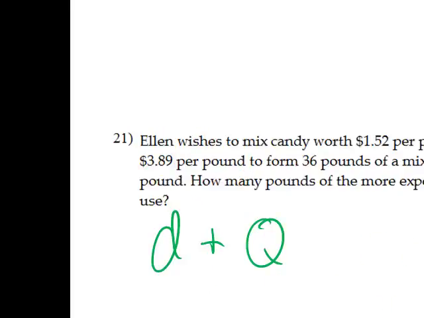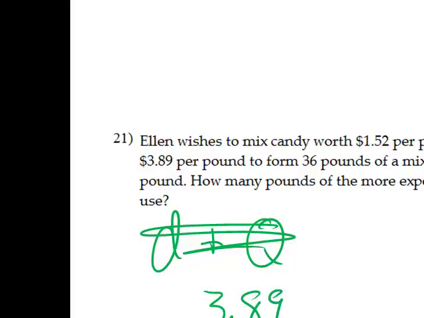Wishes to make a mixture of candy worth $1.52 per pound. So the total is going to be 1.52 per pound, 3.89 per pound, and 2.64 per pound, but she's got 36 pounds of this.